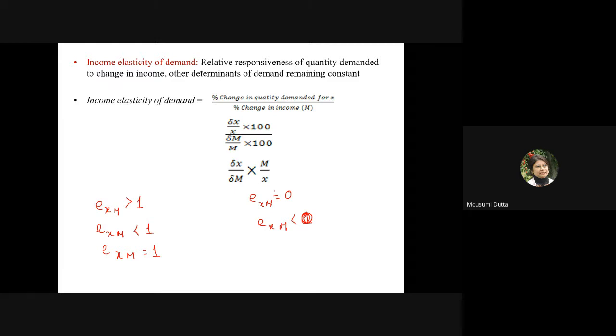EXM less than 1. Now, if it is in between 0 to 1, in that case also we will consider the commodities as the normal one. Because there is some increase in demand, however, that is less than that of increase in income.